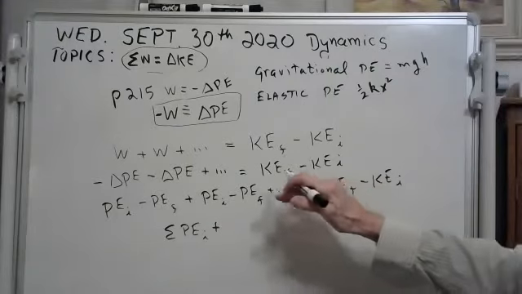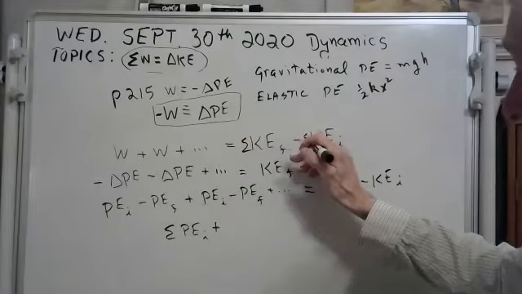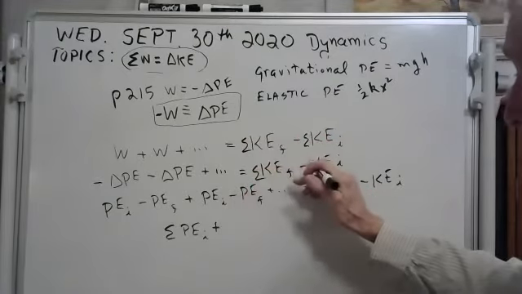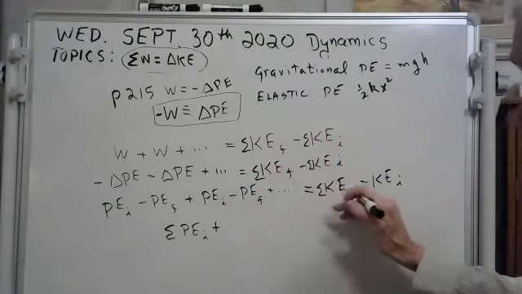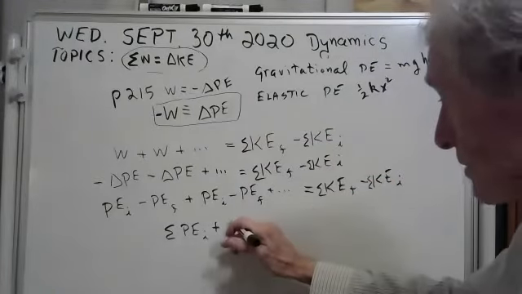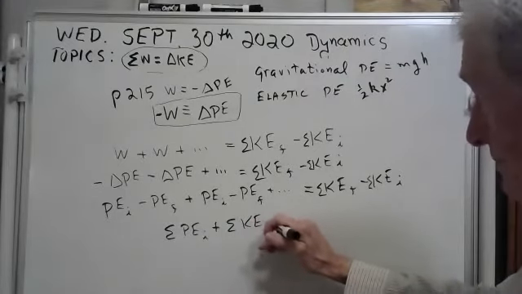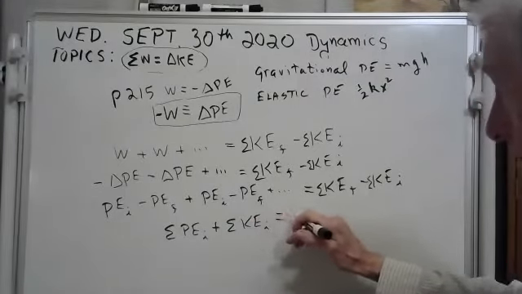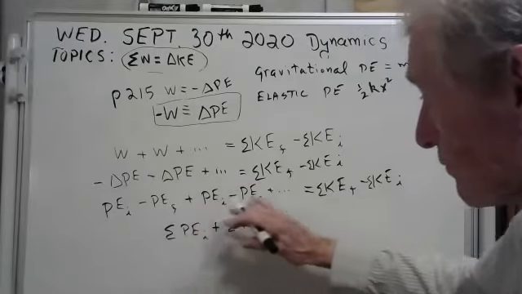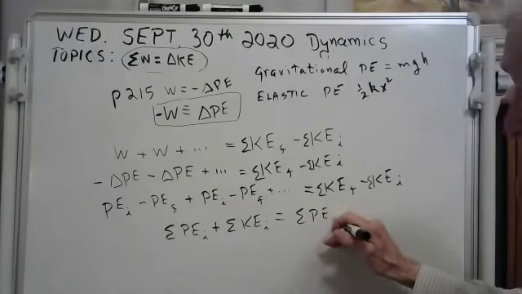But now keep in mind, if you have more than one body, you're going to have to deal with summations on all of these. So we'll put summations. So this will be the sum of all the initial kinetic energies. There's your equal sign. Now we're going to put the sum of all the final potential energies.